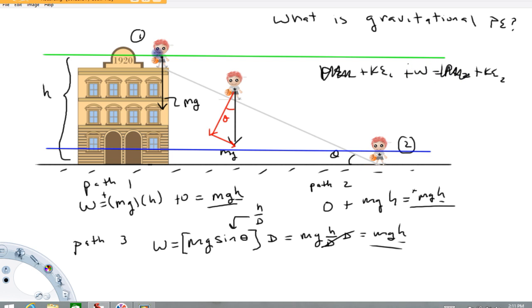But as long as Timmy starts at green, ends at blue, the work done by gravity is positive mgh. So you'll notice in all three cases you end up with something that's basically mathematically equivalent, whether we put a positive mgh here or a negative mgh.